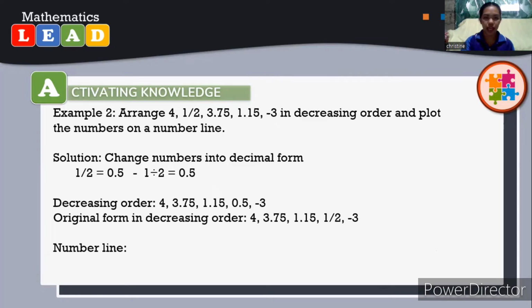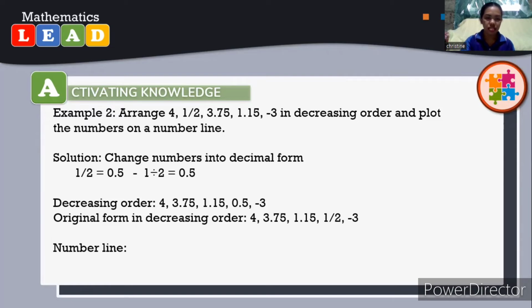Arrange 4, 1/2, 3.75, 1.15, and negative 3 in decreasing order, and plot the numbers on a number line. The first thing we need to do is change the numbers into decimal form. So 1/2 will be 0.5 because when we divide them, it will be 0.5.